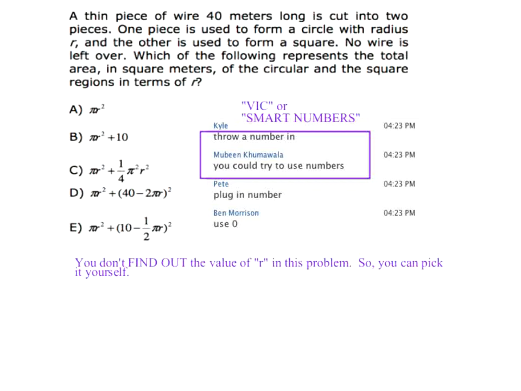As far as what value you want to pick, the point of this method is to streamline the process, to make it easier to work the problem and to let you circumvent algebra and other uncomfortable calculations.